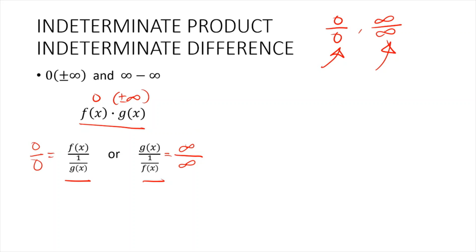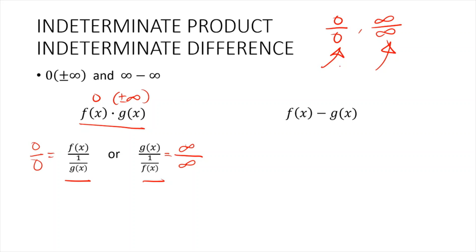All right. Now for the difference, infinity minus infinity, we can actually represent the two terms as two separate expressions. Okay, f of x minus g of x. Again, our goal is to manipulate this expression so that we can transform it to either 0 over 0 or infinity over infinity.